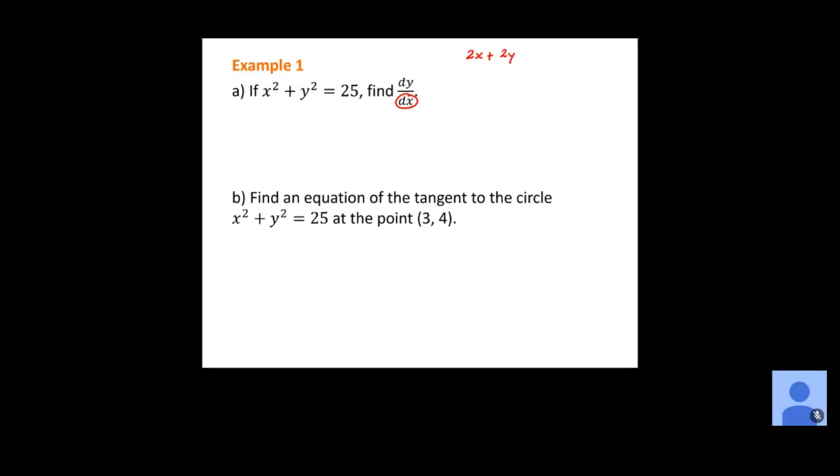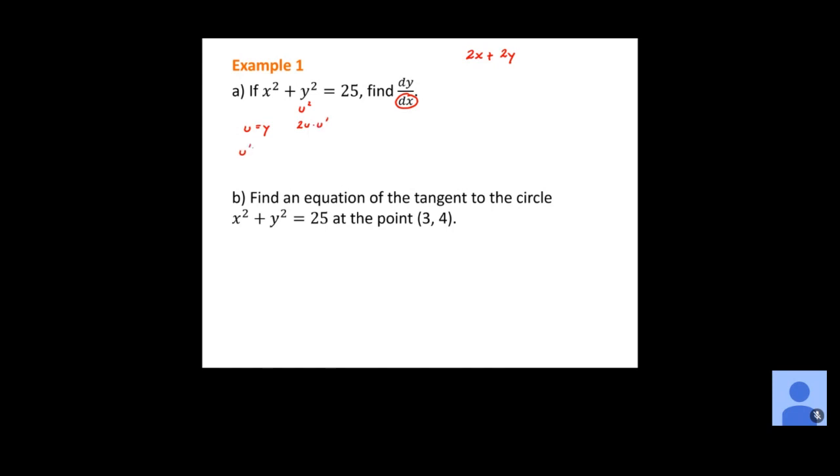But because we're taking the derivative with respect to x, we have to think of this almost like a chain rule where u is equal to y, and this is really u squared. Just stay with me here. This gives us 2u times u prime.